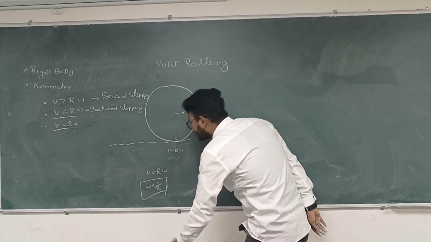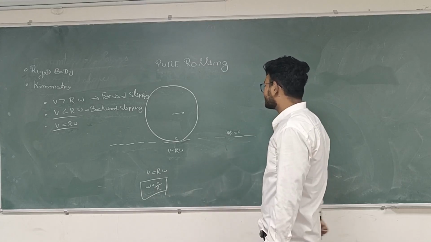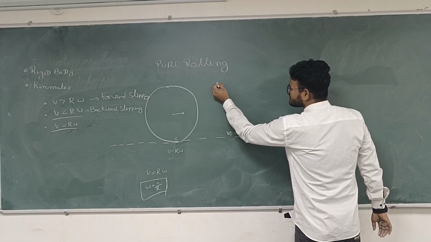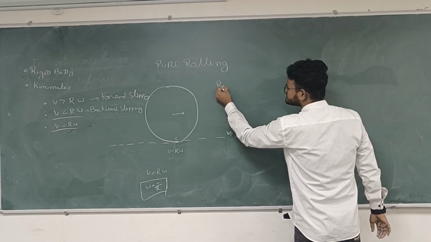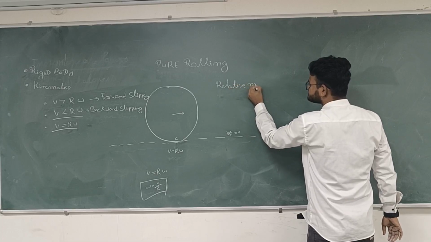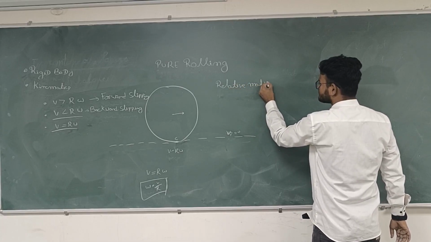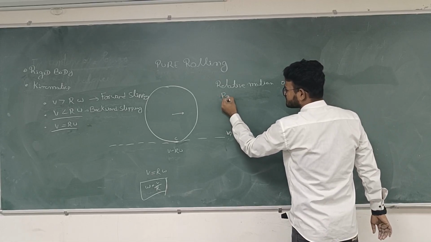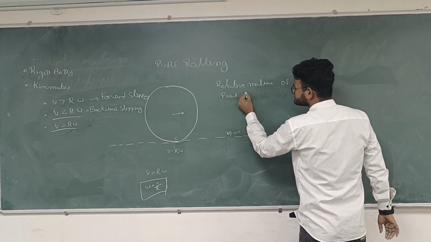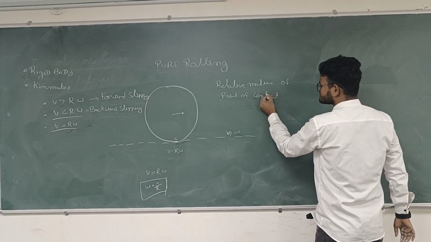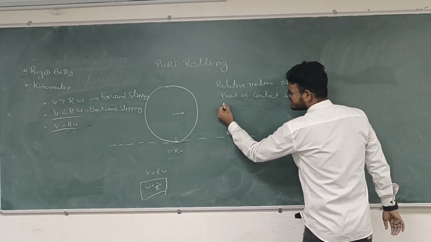So this is the concept of pure rolling, or we can write the definition of pure rolling: the relative motion of the point of contact is 0.